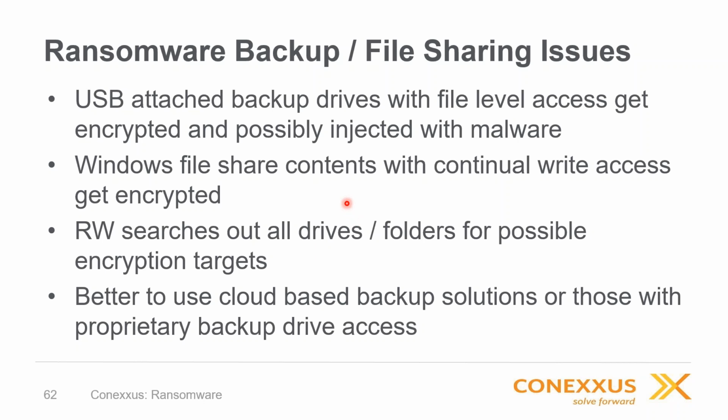So if you're using a file share to back up onto, that could get encrypted too. That's because ransomware, as we said before, searches out all the drives and folders that it can as its encryption targets. It's better to use a cloud-based backup solution where there's a proprietary agent that does not ever allow the user of that system to gain access directly to the files that it has up in the cloud. And that also will stop ransomware from reaching those files.